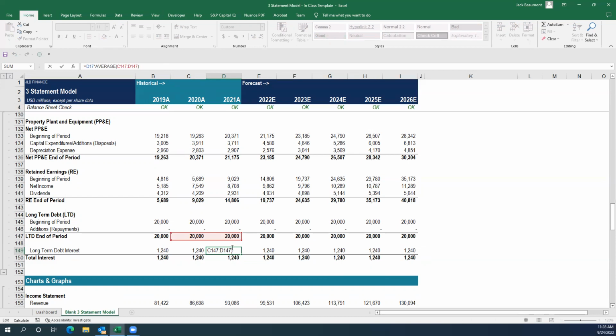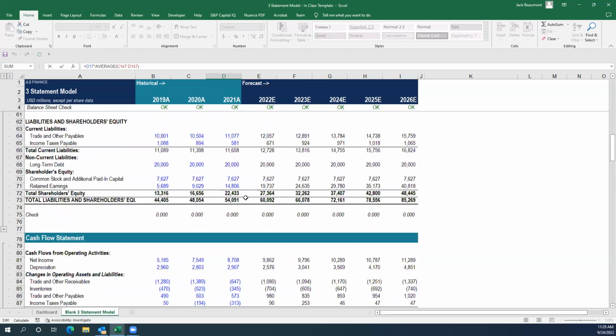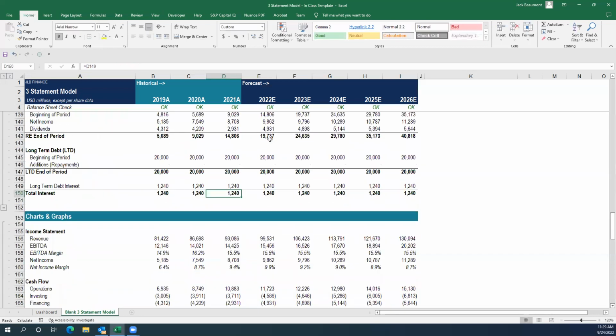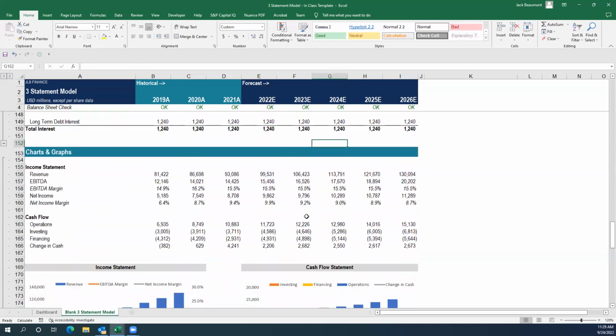So we can make an assumption that taking the average of the beginning and ending will give us the most accurate answer there. And we would multiply that by our average interest item here. So actually it should be here. Okay, so that doesn't change anything.